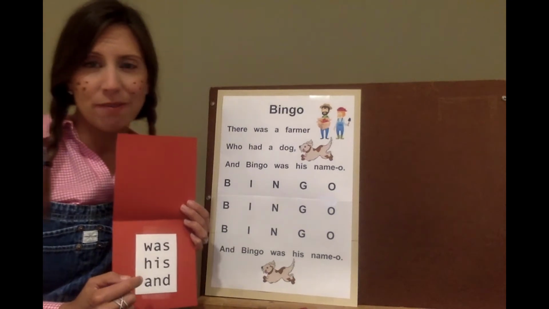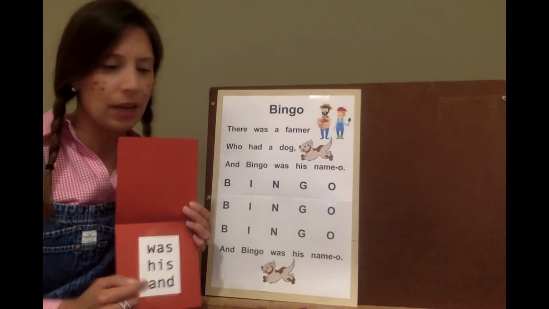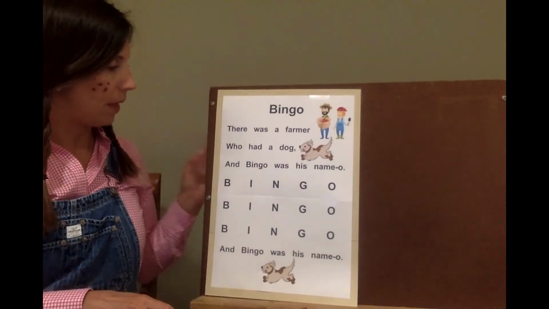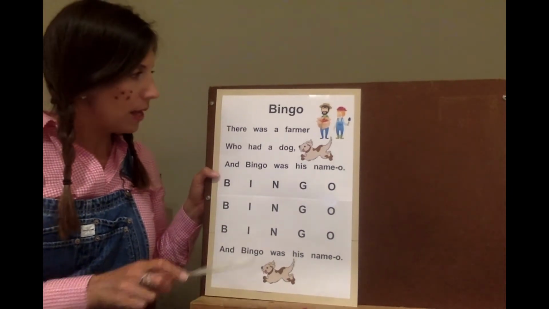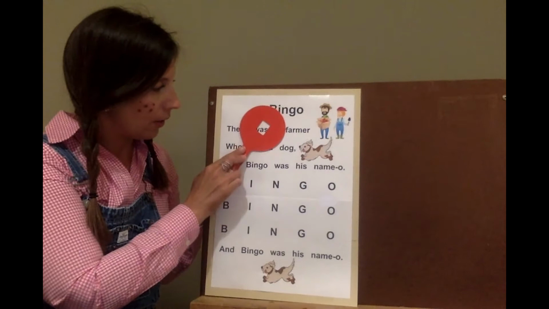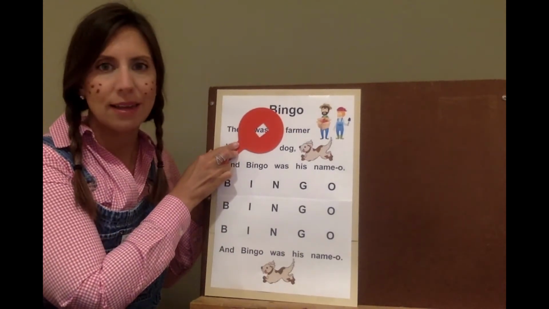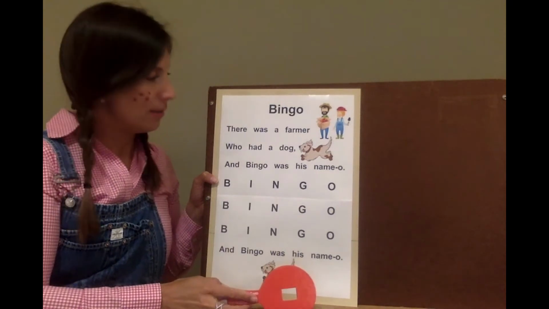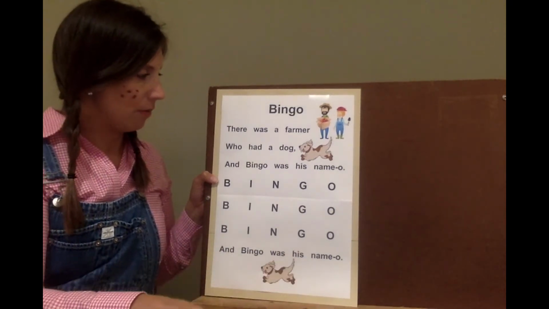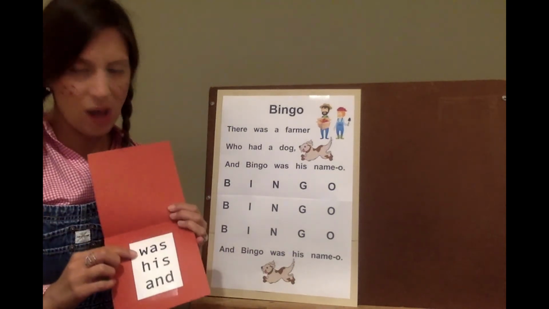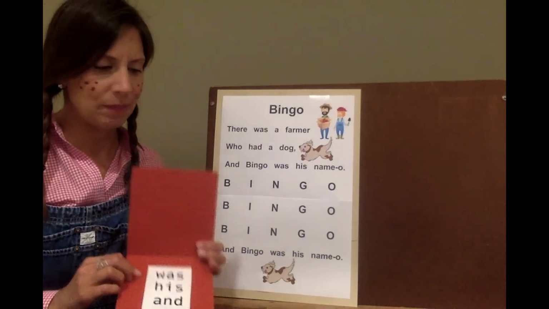Can you help me to try to find was in our song? There. Was. It's right here. Here's the word was. Was. There was a farmer. I wonder if we can find was again. W-A-S.